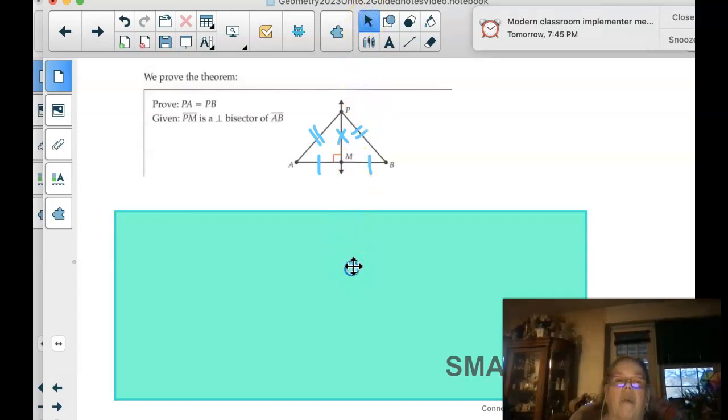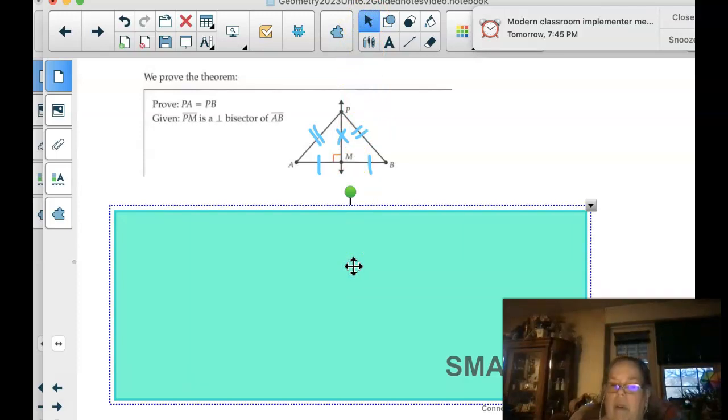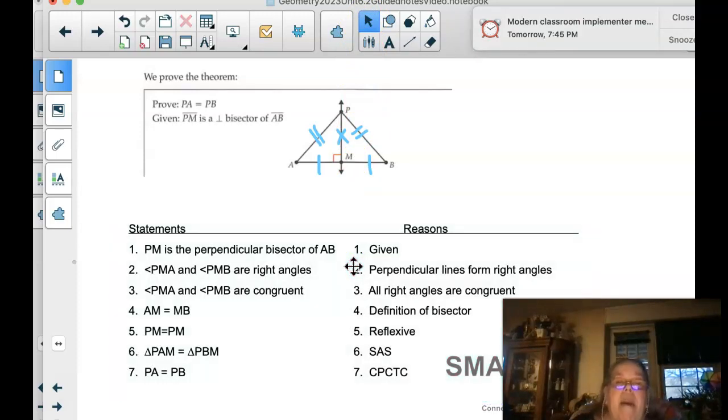All right, here it is formally written up. PM is the perpendicular bisector of AB. That was given to us. Then we're going to go where that takes us. PMA and PMB are right angles, because perpendicular lines form right angles. All right angles are congruent, so we have a pair of congruent angles there.